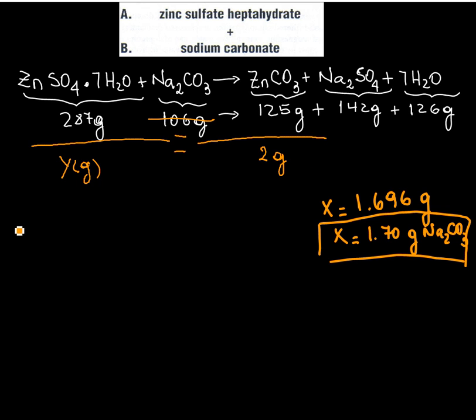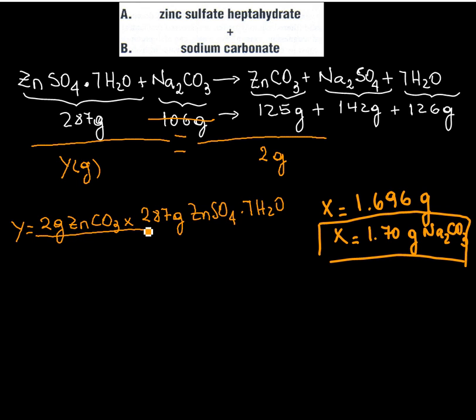If you want, I can rewrite the equation: Y is 2 grams of zinc carbonate times 287 grams of zinc sulfate heptahydrate, 7 waters, divided by, my lines are not very good, guys.